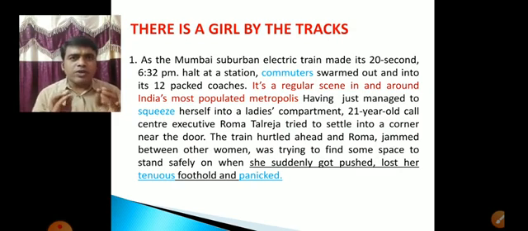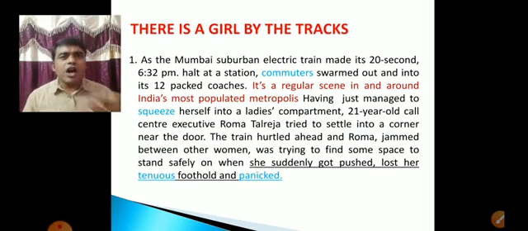Now, what do you mean by the word commuters? Very good, children. Yes, underline the word there. Commuters means a person who travels to work regularly, up and down.